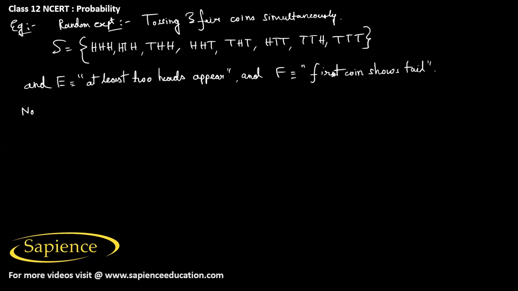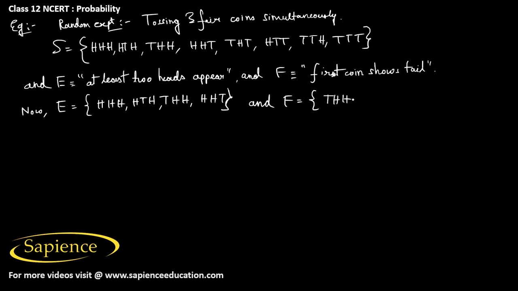The event E is a set consisting of HHH, HTH, THH, and HHT. So these four. And the set F contains the outcomes where the first coin shows tail: THH, THT, TTH, and TTT.